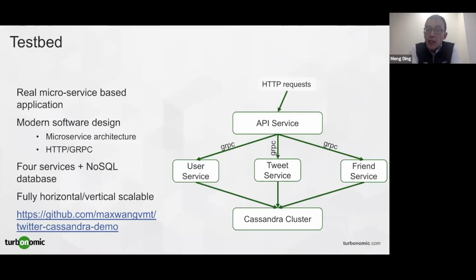So we have the HTTP front-end API service backed by multiple gRPC services. The whole application is like a Twitter-like application. Basically, multiple users can tweet and make friends, things like that. And everything's backed by the Cassandra database.